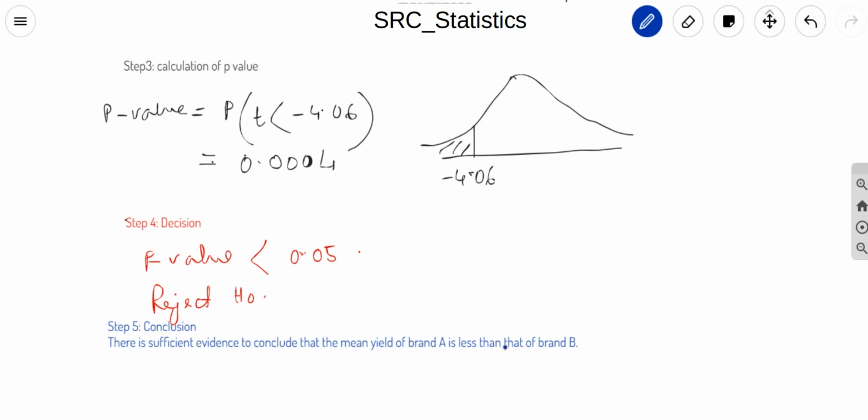Then the last step is conclusion. So we conclude that there is sufficient evidence to conclude that mean yield of brand A is less than that of brand B. Okay. So this is our hypothesis testing.